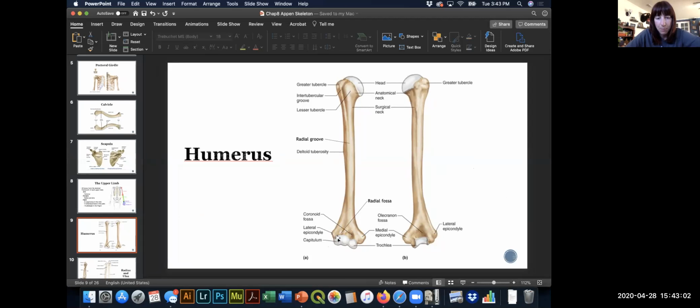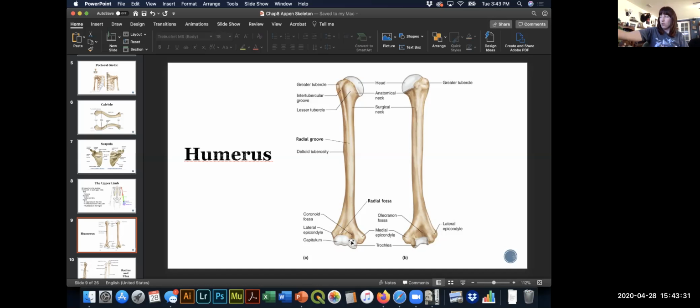And the capitulum is the part of the humerus that interacts with the head of the radius, okay? When the arm is flexed like this, that head of the radius has to fit into a spot, and it fits into the radial fossa right here. So that little gap right there.